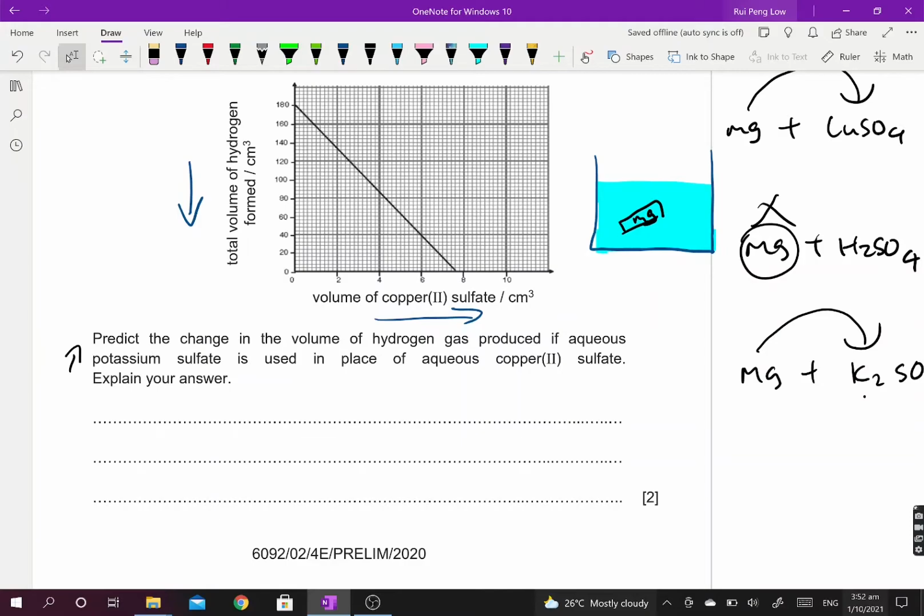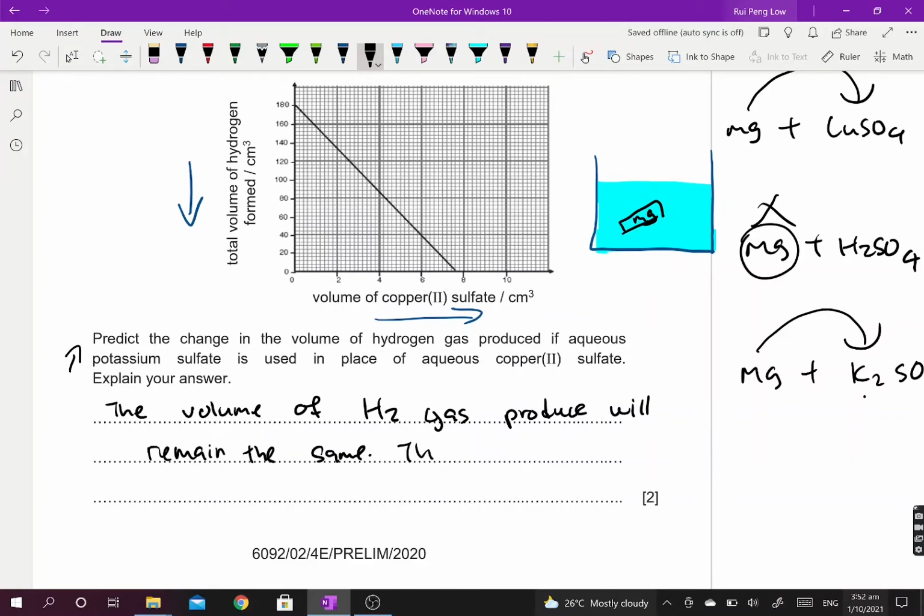So we say that the volume of H2 gas produced will remain the same.